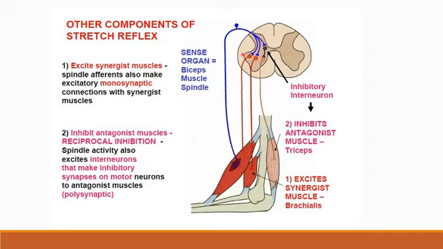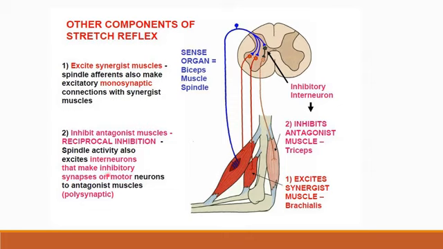But the stretch reflex will be coming under single monosynaptic. So only this supply we should consider as a stretch reflex. These other two are the components of stretch reflex. So it is giving supply to the other flexor muscle and other extensor muscle. So this is called reciprocal inhibition.